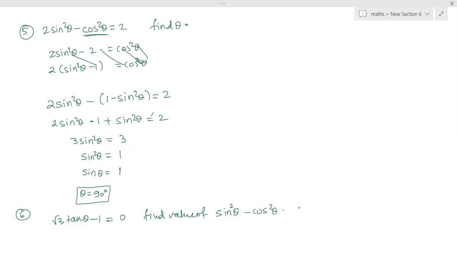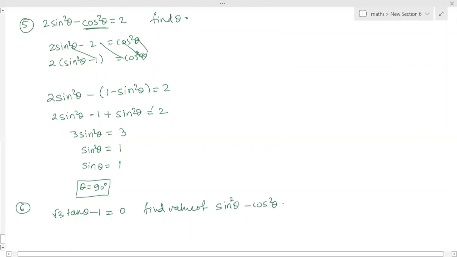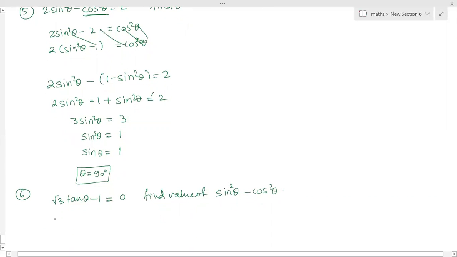Sharon, how to solve? Ma'am, like one you should take as sine square theta plus cos square theta. Not needed. It will be a very long process. Okay. Any other method? Try.